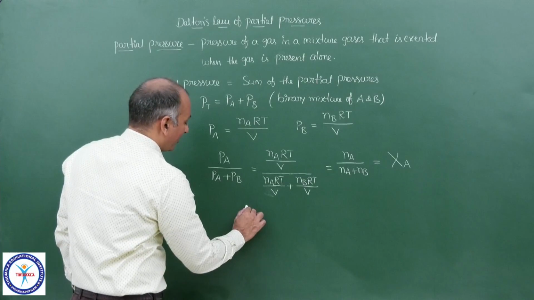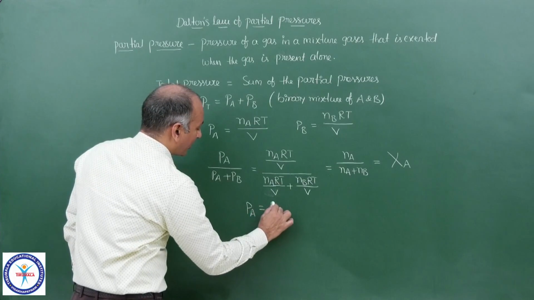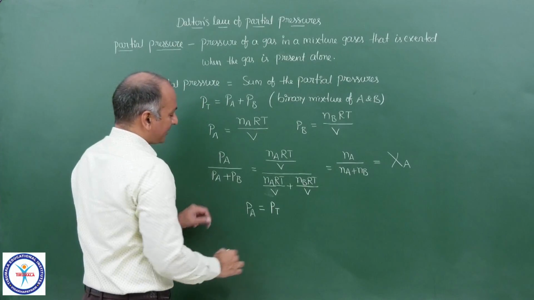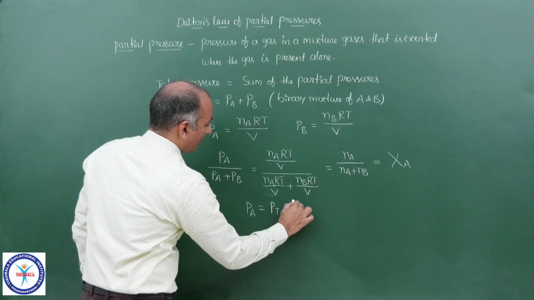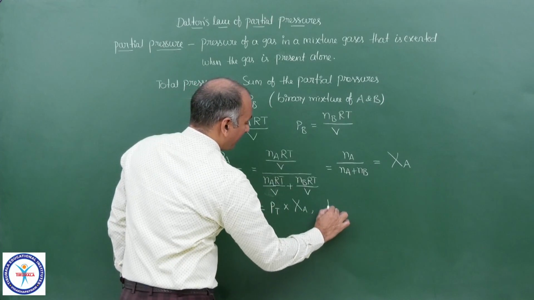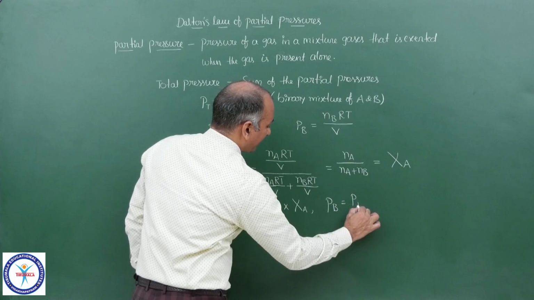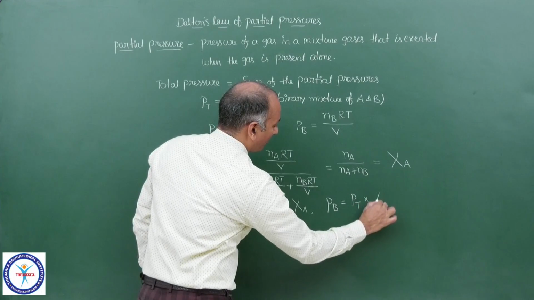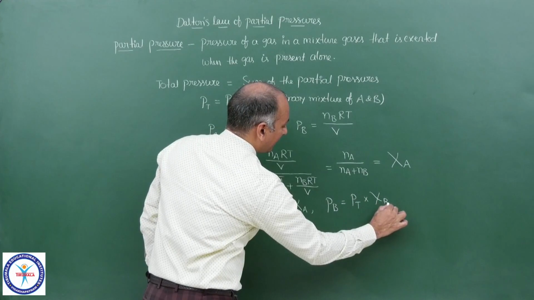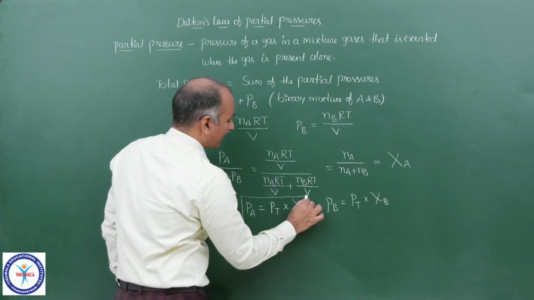So now we can write the partial pressure of A is equal to the total pressure, PA plus PB, into the mole fraction of A. Similarly, the partial pressure of B is equal to the total pressure into the mole fraction of B. Now actually these are important relations.